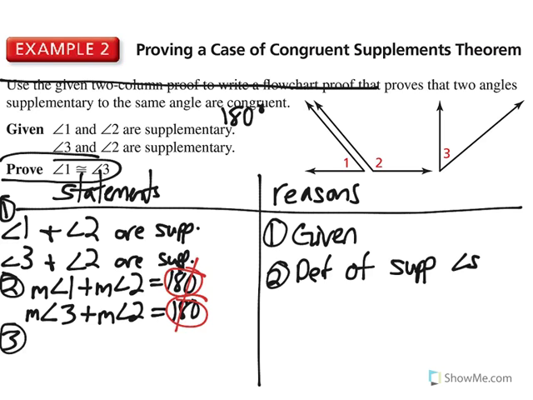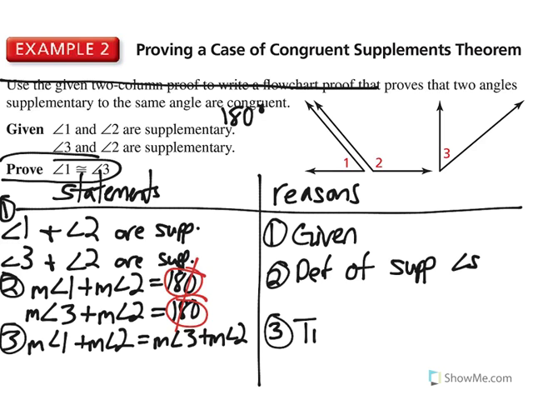Our third statement could look like the measure of angle 1 plus the measure of angle 2, instead of it equaling 180, I can set it equal to my second one there and combine them. Because if they're both equal to 180 degrees, then they are equal to each other. And this again would be our transitive property.